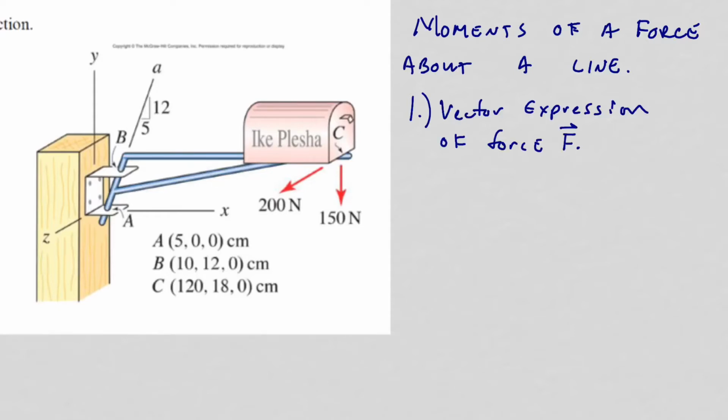So for our example, we can look at this force F. We have 0 in the i direction. We are told that there's a minus 150 Newton force in the j direction and a 200 Newton force in the k direction. So that is our vector expression.